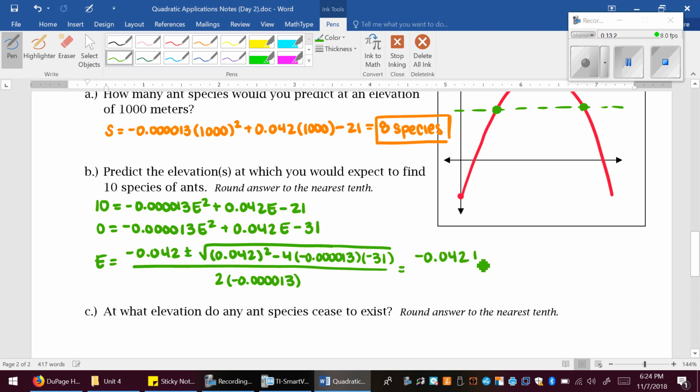If you type the discriminant into your calculator, you should get 0.000152.